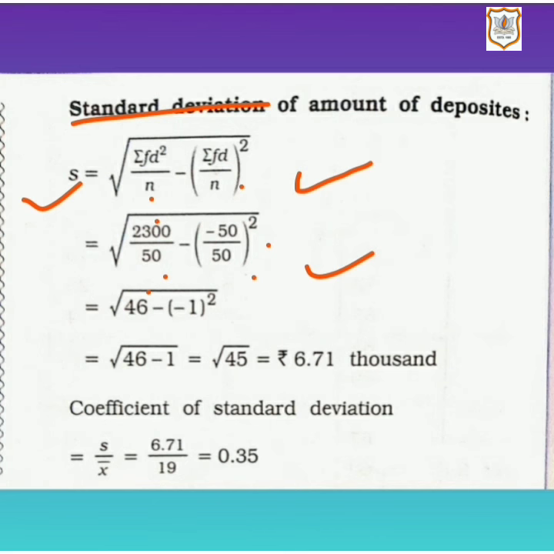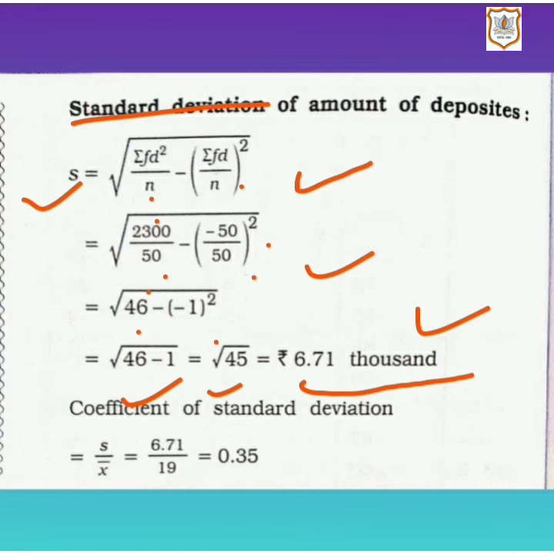So 2300 upon 50 gives you 46, and 50 upon 50 gives minus 1. So 46 minus minus 1 the whole square, that becomes under root 46 minus 1, that becomes under root 45. If you take the under root of 45, you get the standard deviation, that is 6.71 thousand.